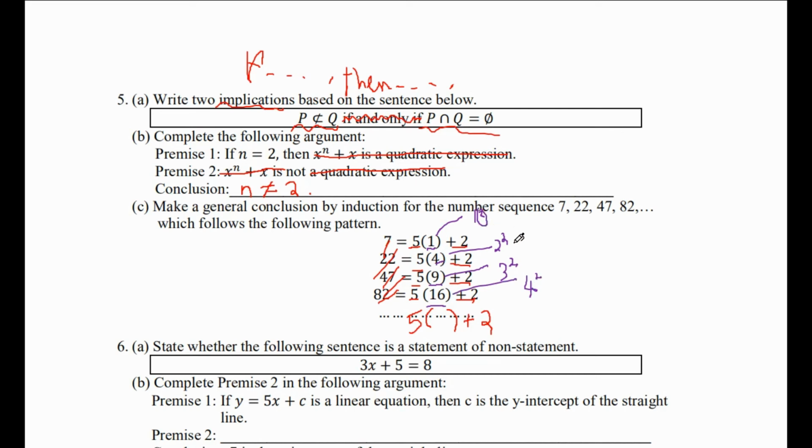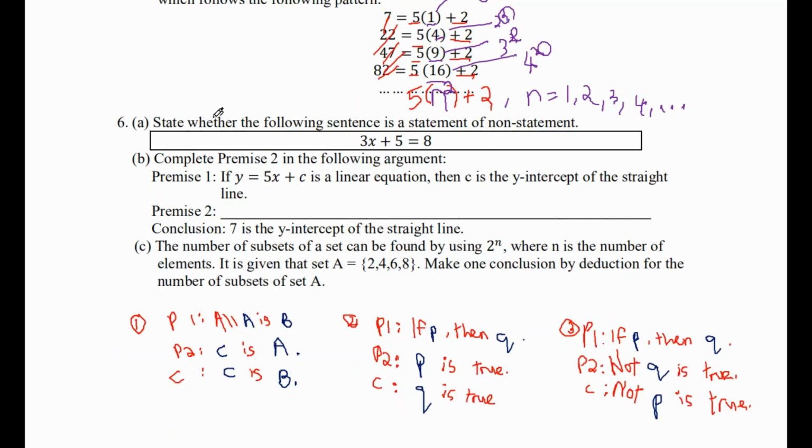Okay, so the square here is repeated, and 1, 2, 3, 4 are variables. So just write like this. Let 1, 2, 3, 4 become n, then n square, comma, n equals to 1, 2, 3, 4. Okay, you have to write this.